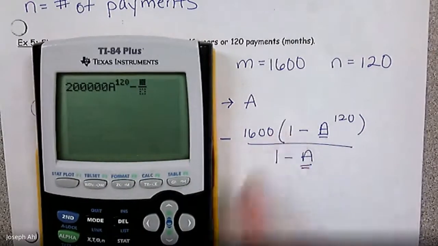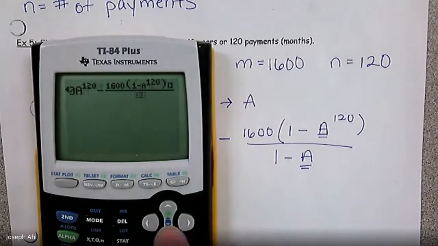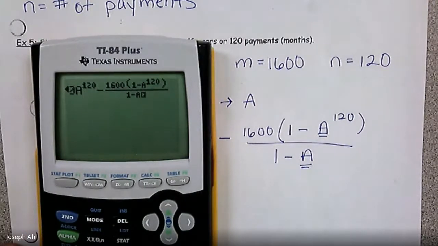So minus 1,600, parentheses, 1 minus A to the 120 over 1 minus A. It takes a little while to get comfortable using that stored variable as A.